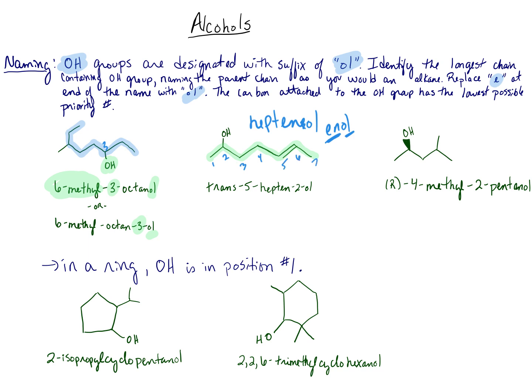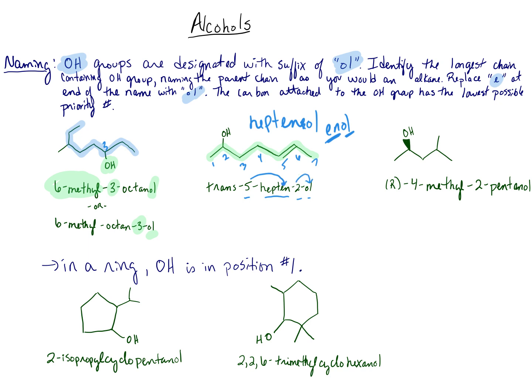And that means that the double bond gets the 5 and the alcohol gets the 2. Well, here's where we have to break up the word in order to be able to tell the difference. Because if you were to say 5,2-heptenol, that wouldn't make any sense. So what we have to say instead is 5-hepten-2-ol. Because that says that the 5 goes with the E and the 2 goes with the OL.